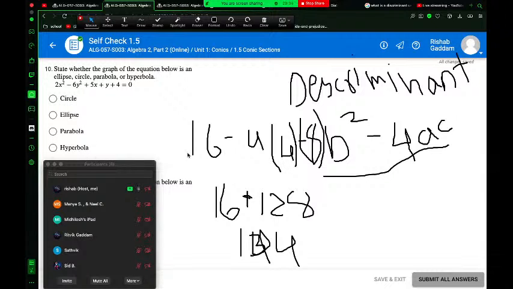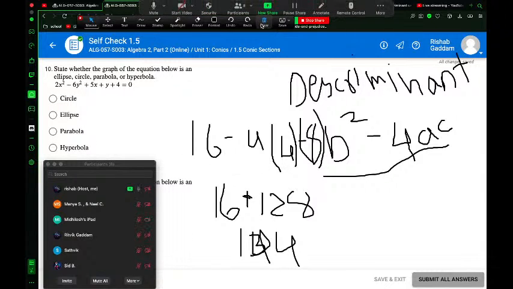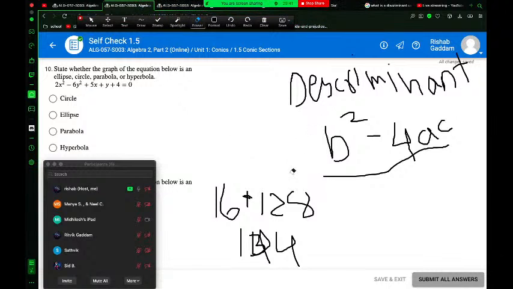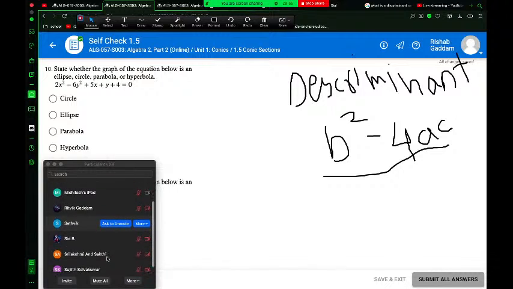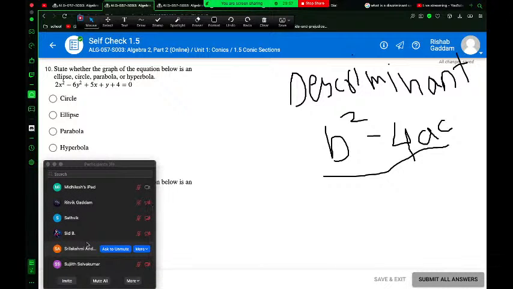Okay, so here we go. State whether the graph of the equation below is an ellipse, circle, parabola, or hyperbola. So for this one goes to Siddharth, I guess.